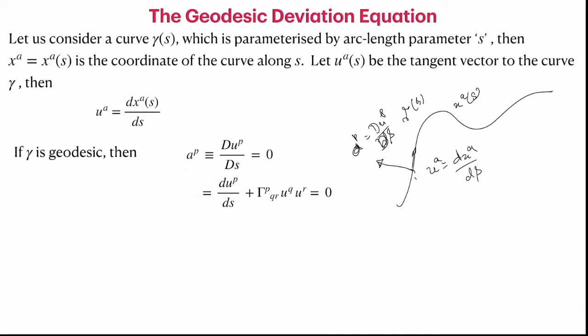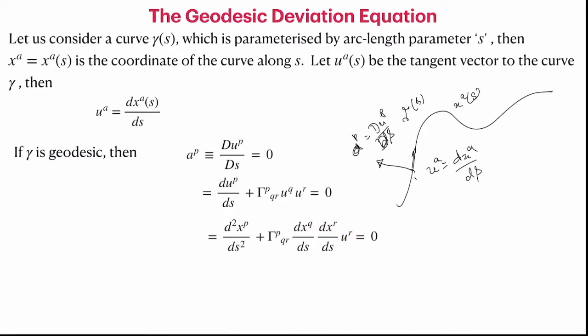We can further express this in terms of the position of the particle, or the location along the curve, and that is given by d²x^p/ds² plus Γ^p_qr dx^q/ds dx^r/ds.